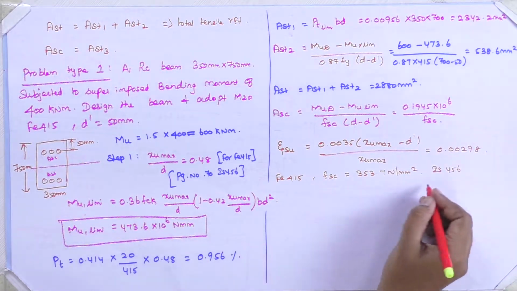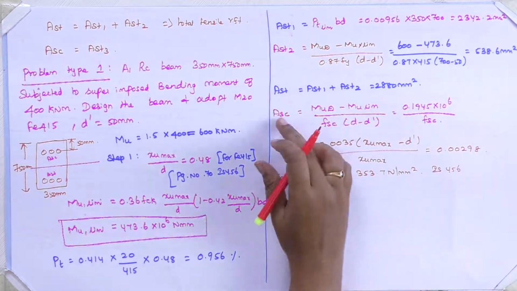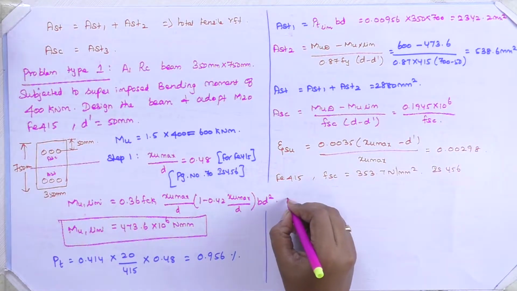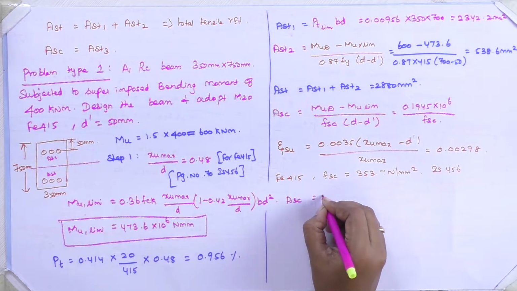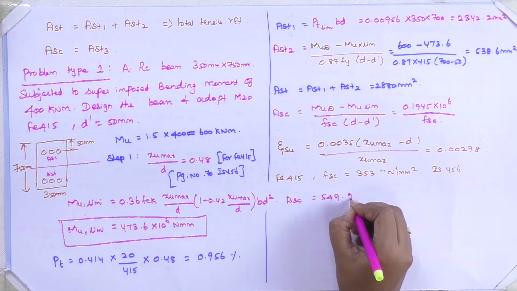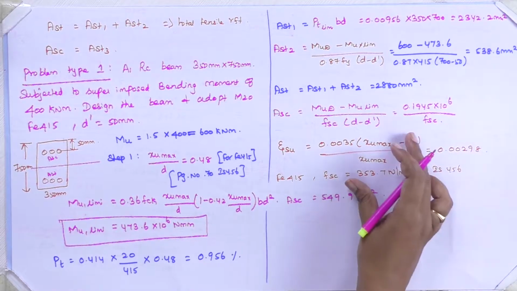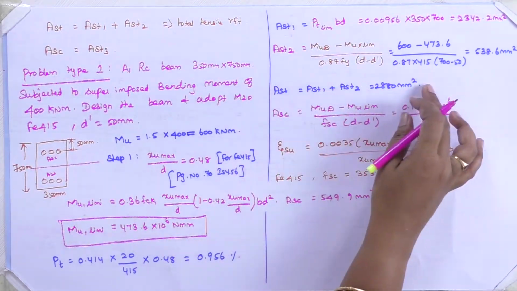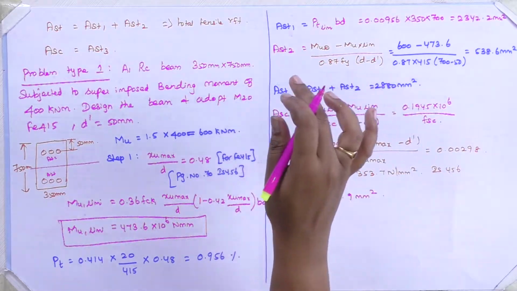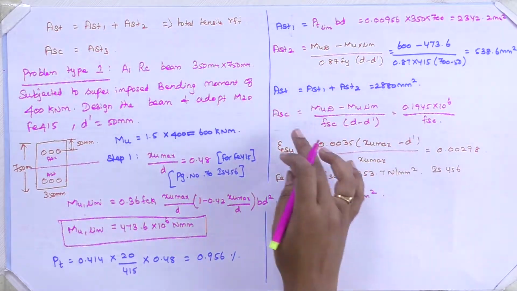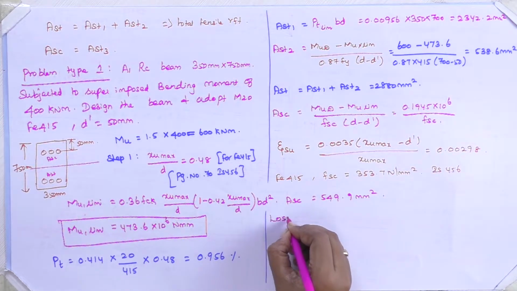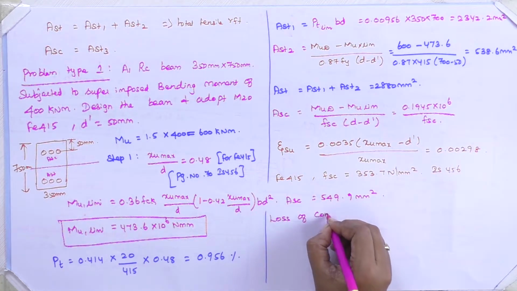Okay. Now after getting this value, I can arrive at my Asc. Now my Asc will become 549.9 mm square. Then I have calculated Ast1 and Ast2, I can add them up; this is the total amount of reinforcement to be provided as tensile reinforcement. Then Asc also I have got. Then the last one, the loss of concrete area.